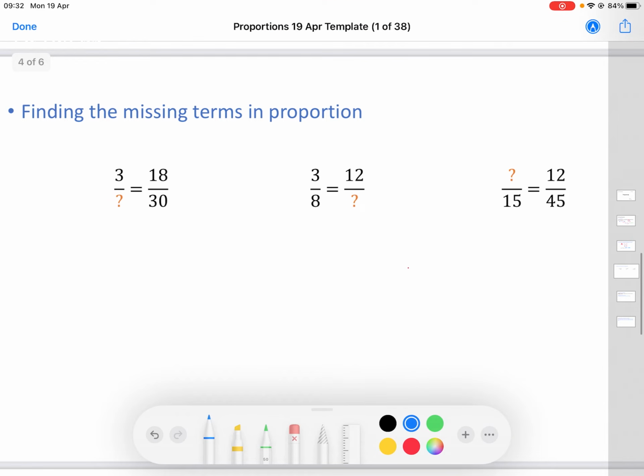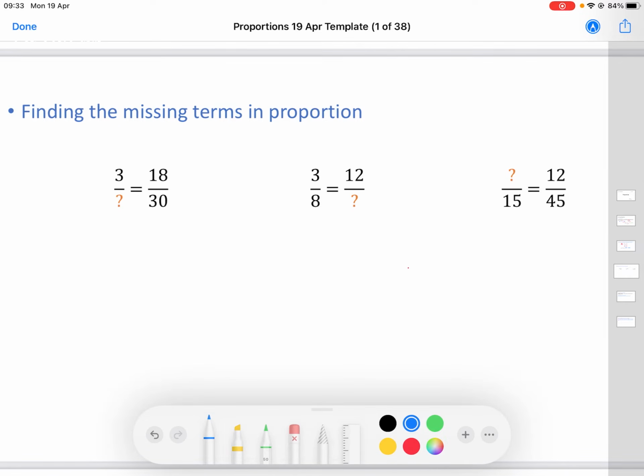Let us look at some more missing terms in proportions. So there I have three different proportions with missing terms. Let us look at the first question. We have the first denominator missing. So let us see, the numerators are 3 and 18.